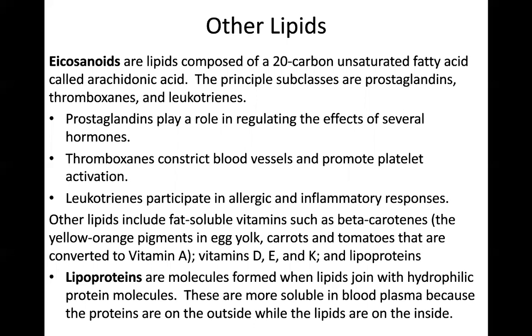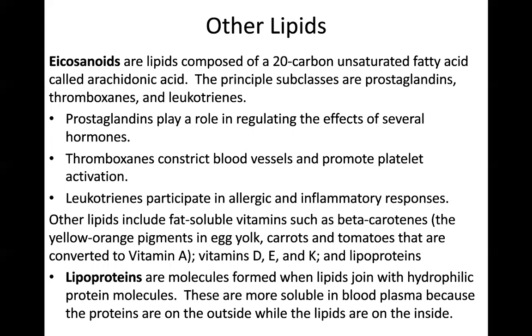All right, let's talk eicosanoids. Lipids composed of a 20-carbon unsaturated fatty acid called arachidonic acid. Three principal subclasses of eicosanoids exist: prostaglandins, thromboxanes, and leukotrienes. Prostaglandins play a role in regulating the effects of several hormones. Thromboxanes, like thromboxane A2, is the only one that we really talk about in this class.